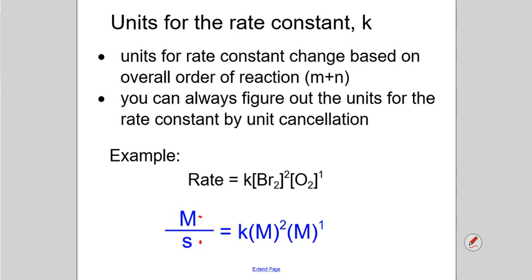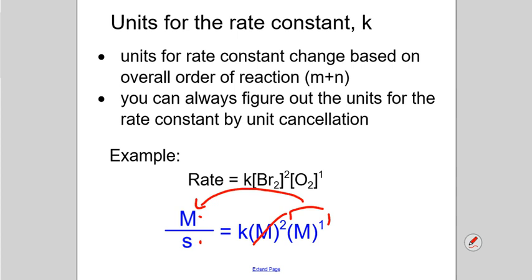I have molarity times molarity, molarity squared, and molarity to the first. I know that I need to cancel this out, so k in some way needs to cancel out this molarity squared. I can keep this one because that carries over to what I want, and then I still need a 1 over seconds.